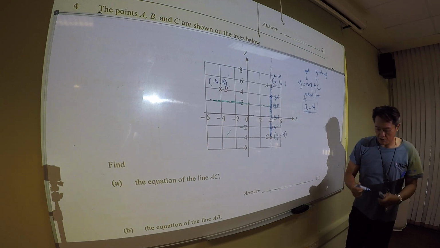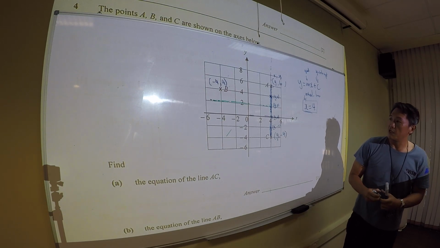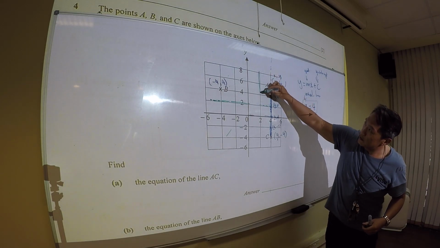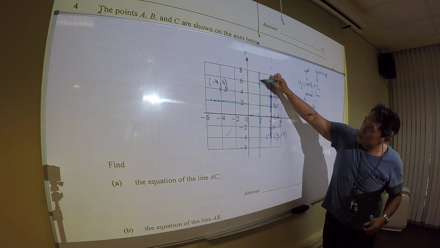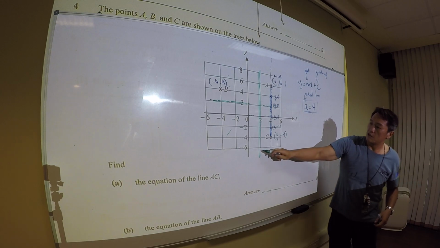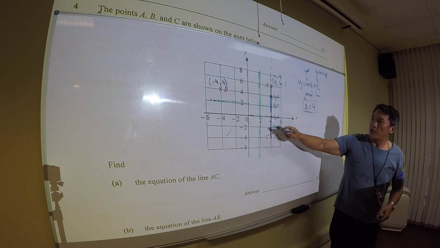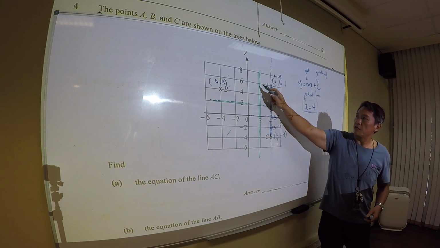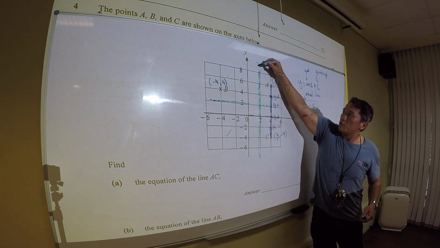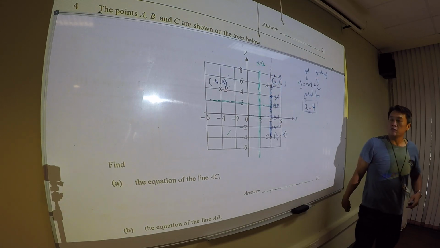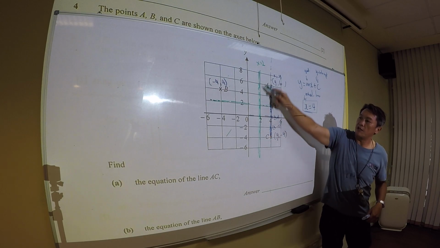Okay, so if I have a vertical line here, similarly, the y can keep changing, but the x, the left and right, is always at 2. So we use x equals 2 to describe this vertical line.